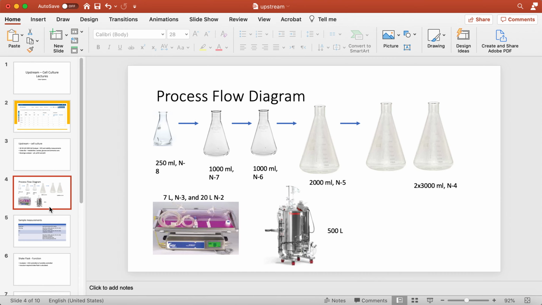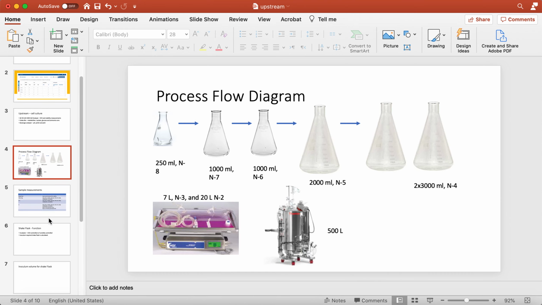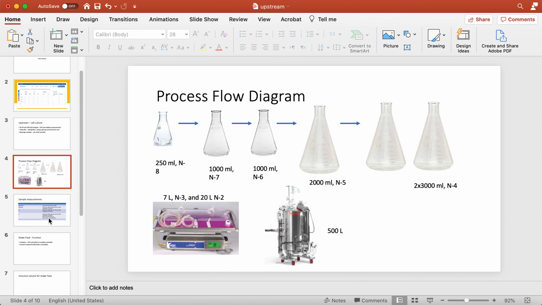And then there is the fun part, when you do the calculations for inoculation. You do the calculation for inoculation volume for the shake flask.